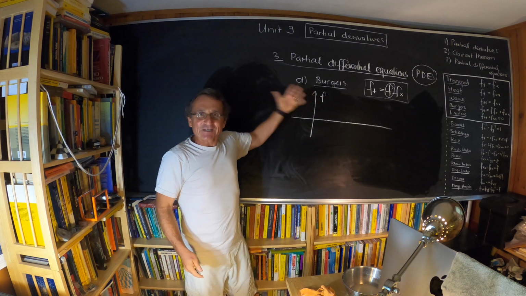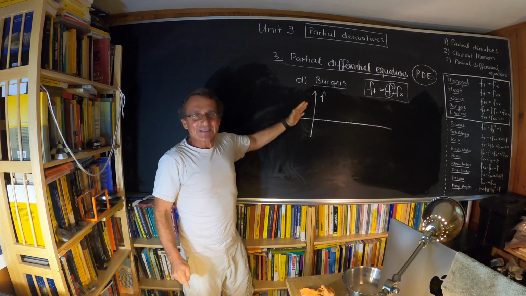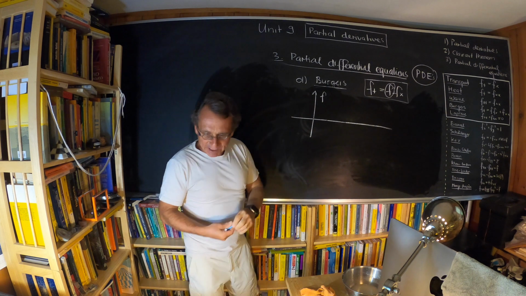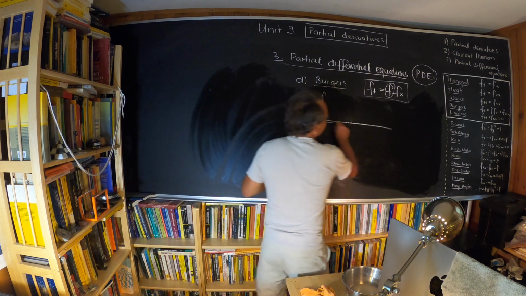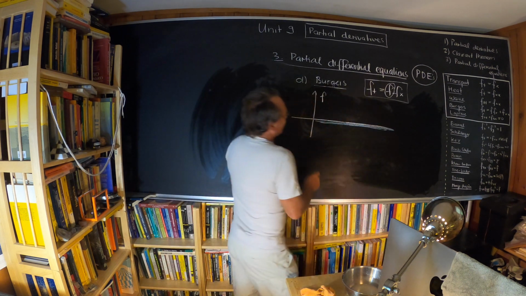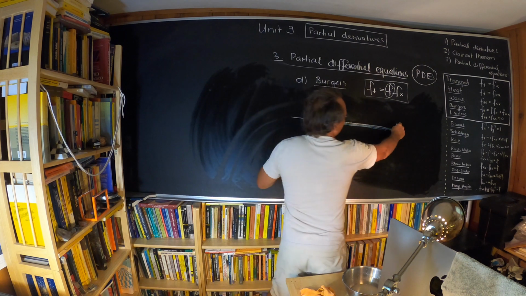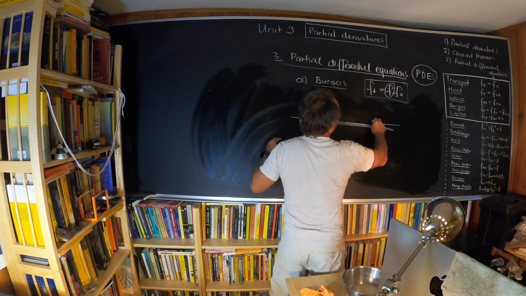Okay, finally we look at Burgers' equation. This is the most fun. This is when you are at the beach, right? So this is the water here, and there's a wave coming.